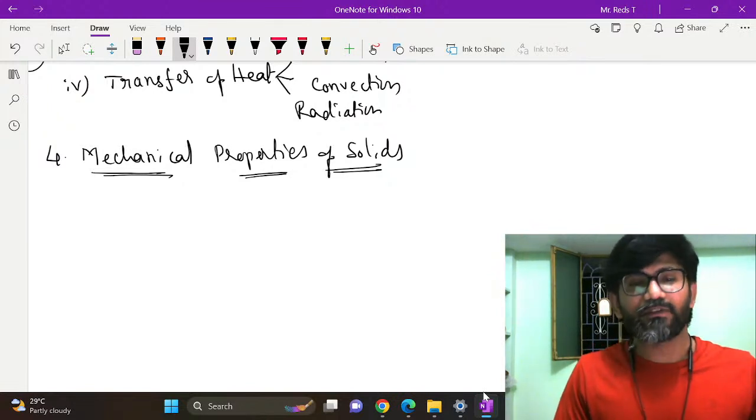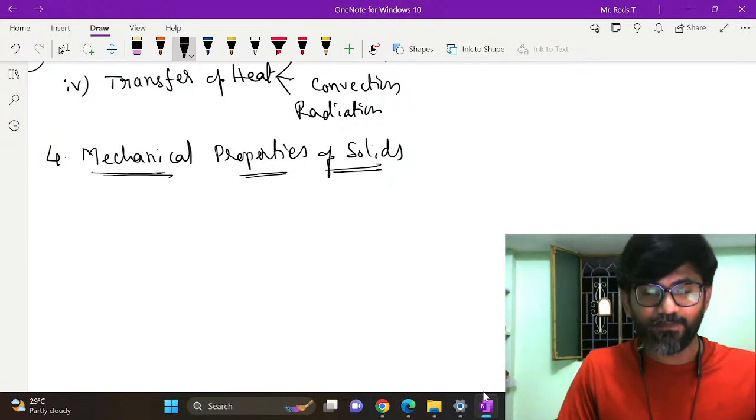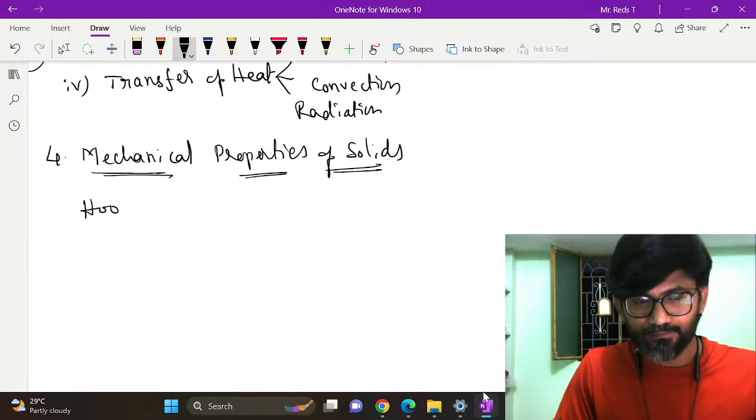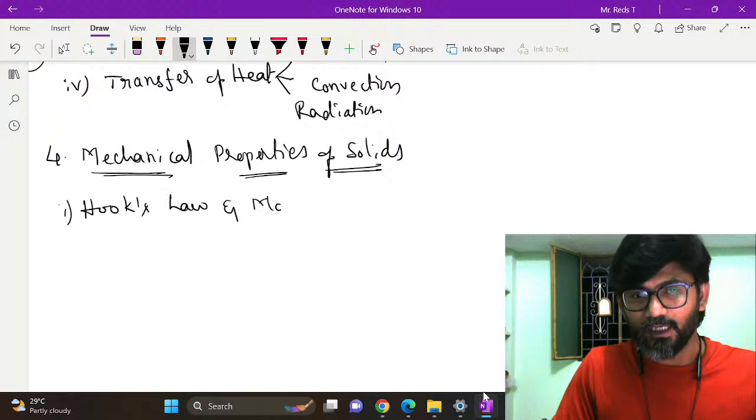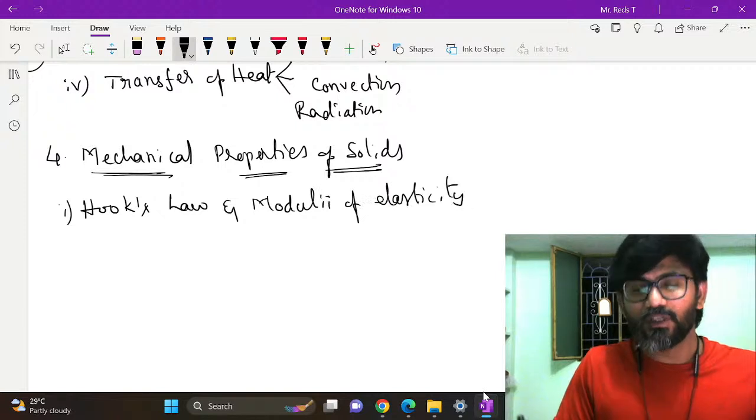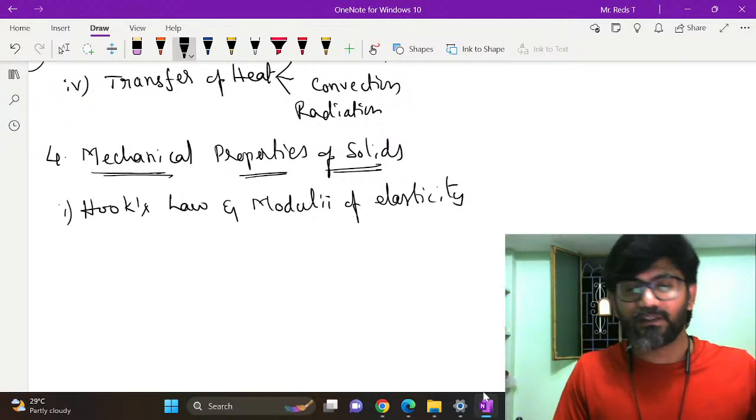In different types of moduli of elasticity we come across, the first one is Hooke's law and moduli of elasticity. Hooke's law and moduli of elasticity based questions.